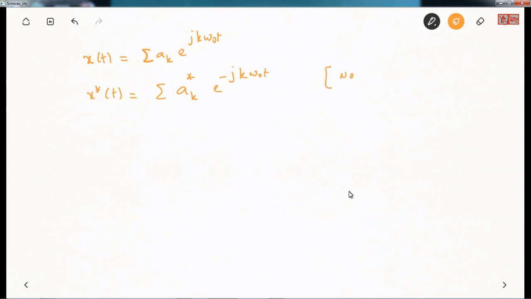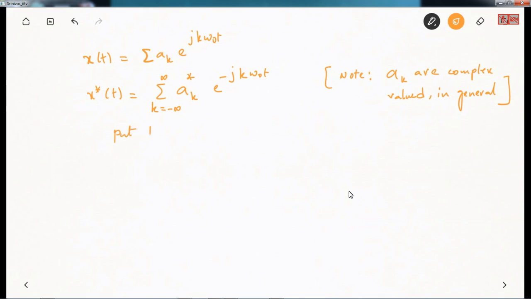Note, a_k are complex valued in general. In some cases they may be only real values, but you should not make that mistake. Here again, let's do the trick.